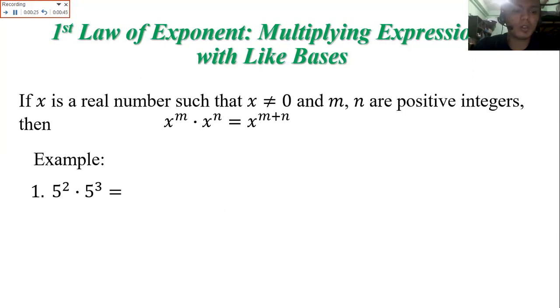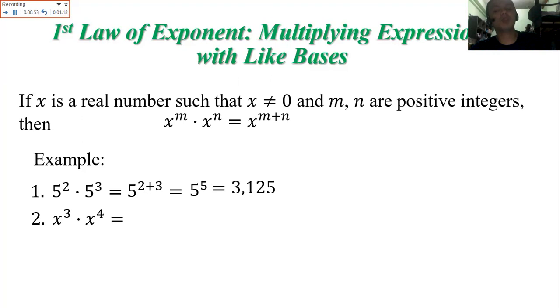To simplify this one, since the same yung base natin, what we are going to do here is to add the exponents. 5 raised to 2 plus 3 is equal to 5 raised to 5. Then simplify, syempre kung yung base natin is a number, we will evaluate that one. 5 raised to 5, meaning to say we are going to multiply 5 times by itself, then that would be equal to 3,125.